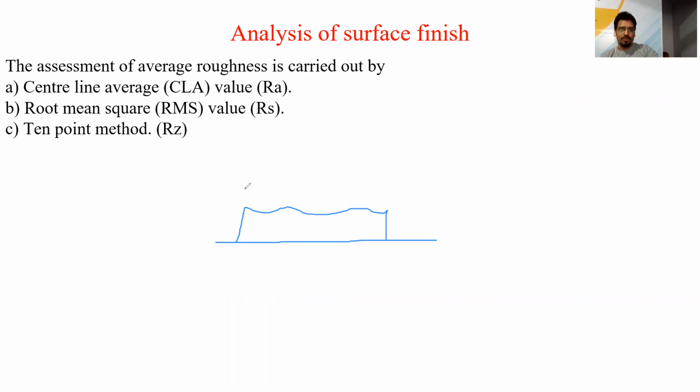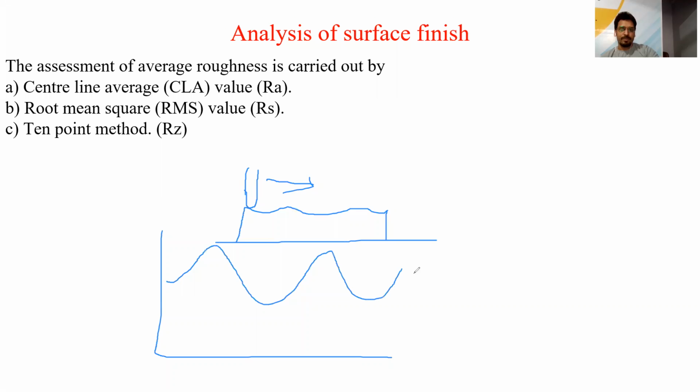You keep the stylus of the measuring instrument over the surface and move it in this direction. You will get the profile of the surface according to the motion of the stylus, and you will get a graph like this. After this process, you can do the analysis part.